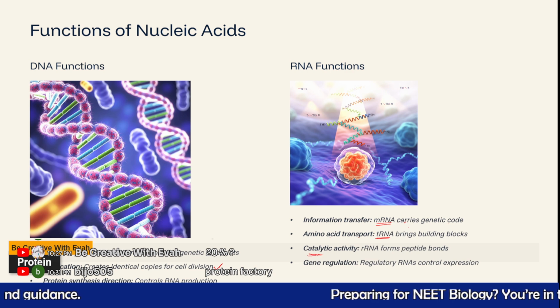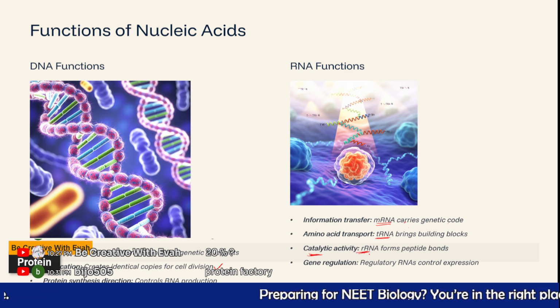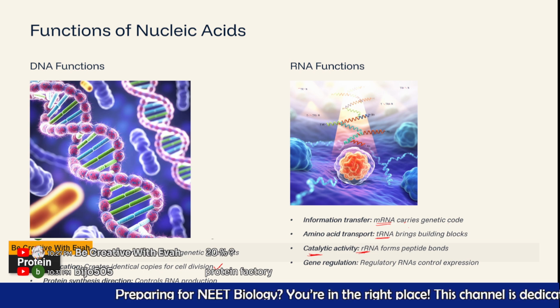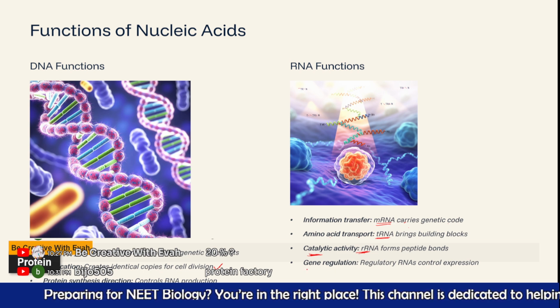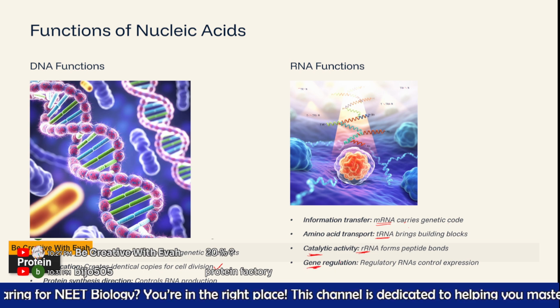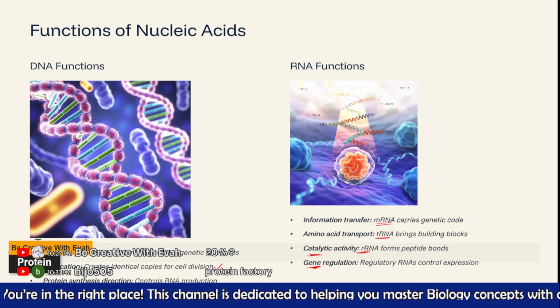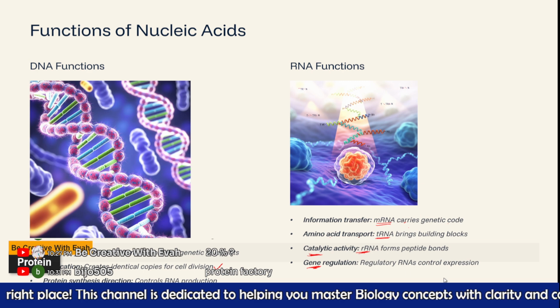Catalytic activity is also there. Who does the catalytic activity? rRNA does the catalytic activity for the formation of peptide bonds. And also gene regulation: gene expression or protein synthesis will be controlled by RNA.